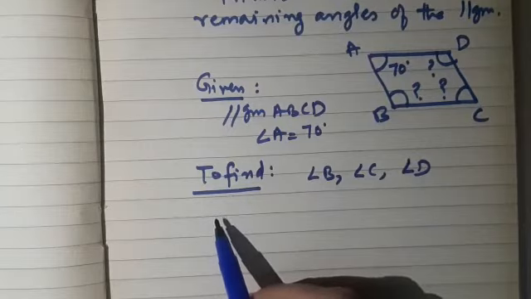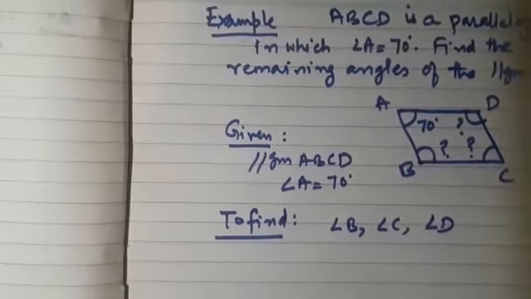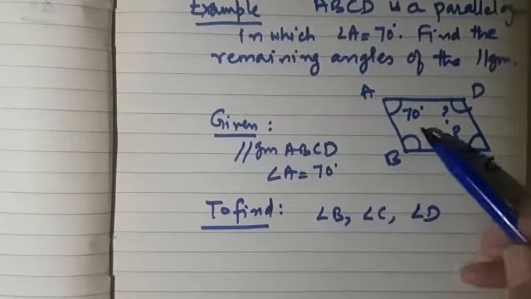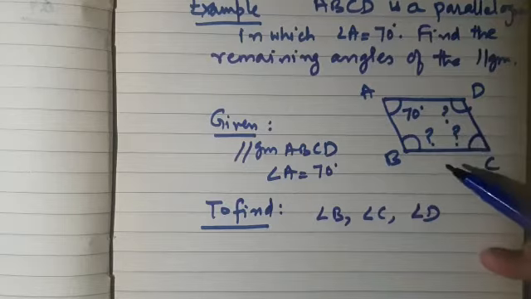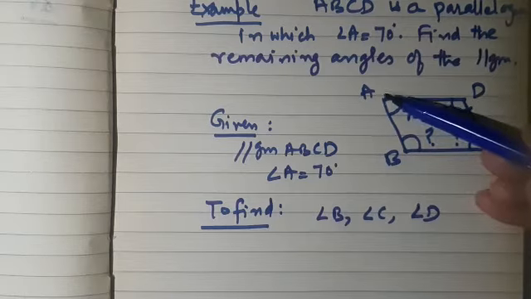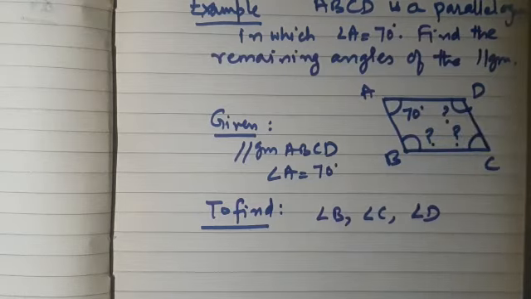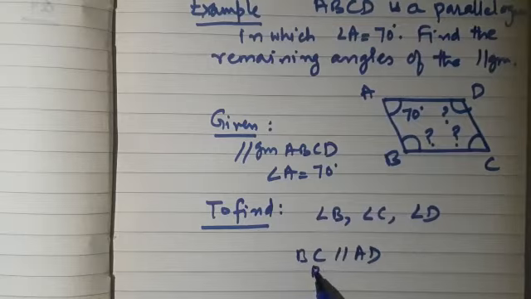So let us see how we can do this. Now you know that in a parallelogram, both pairs of opposite sides are parallel to each other. So here we are going to use this fact. So BC is parallel to AD and AB is transversal.